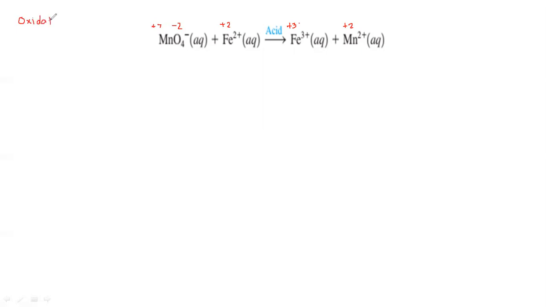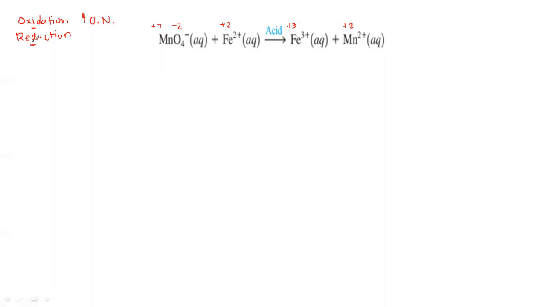To help us memorize the definitions of oxidation and reduction more easily, we just need to look at the third letter. For oxidation, we have I, meaning an increase in oxidation number.